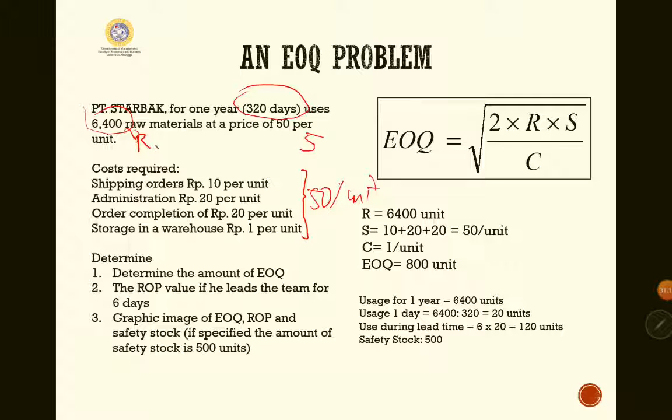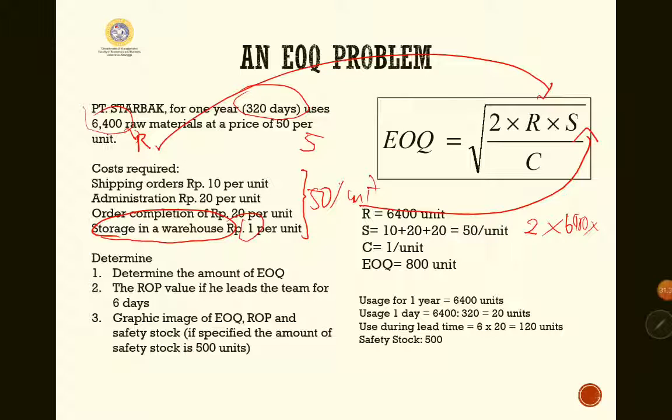So we have our R. You can put it here. We have our S. Put here. And the C itself is storage in a warehouse. The problem stated here, we have 1 rupiah. You can add to the formula 2 multiplied by this number and 50 per 1.